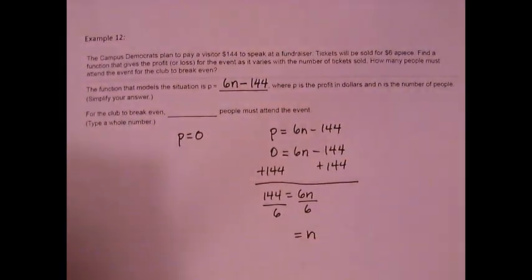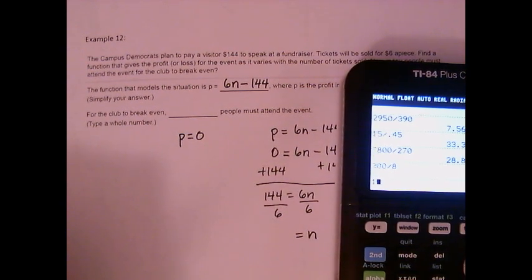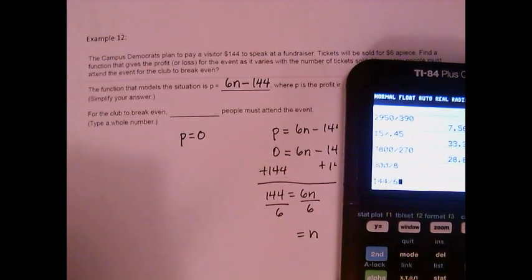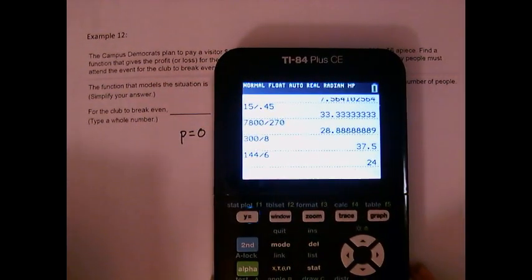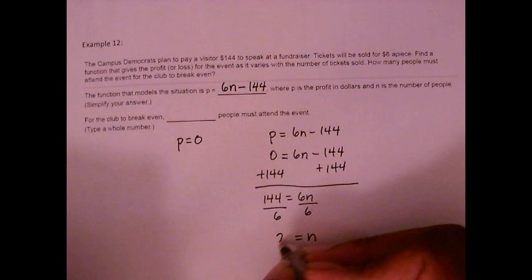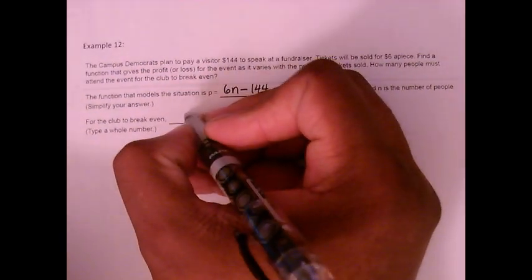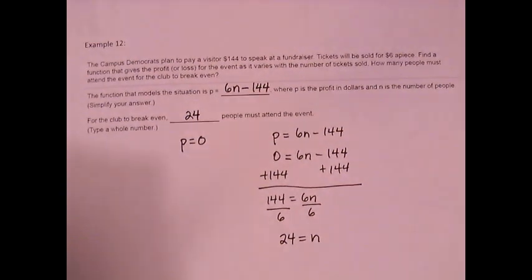Divide both sides by 6. In this case, 144 divided by 6 is exactly 24. So for them to break even, 24 people must attend the event.